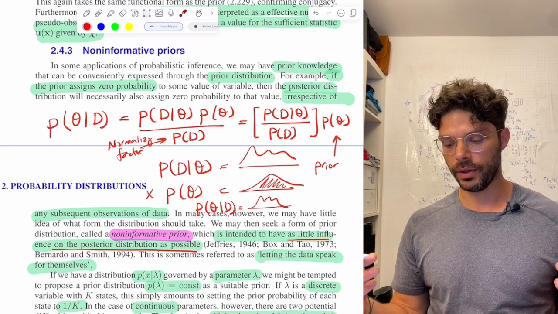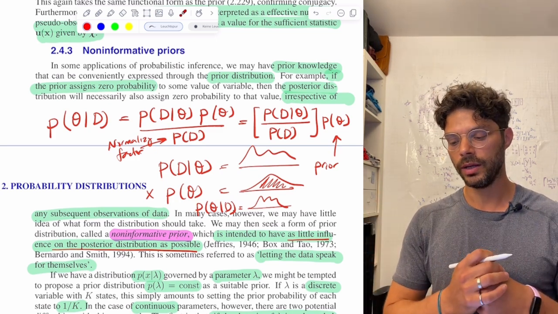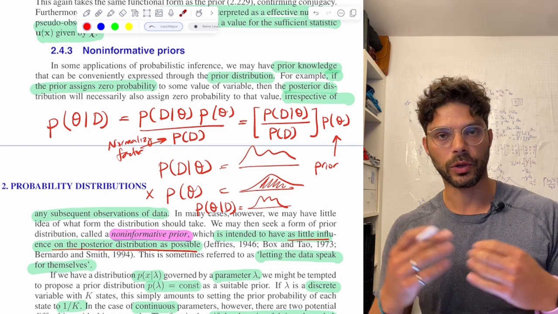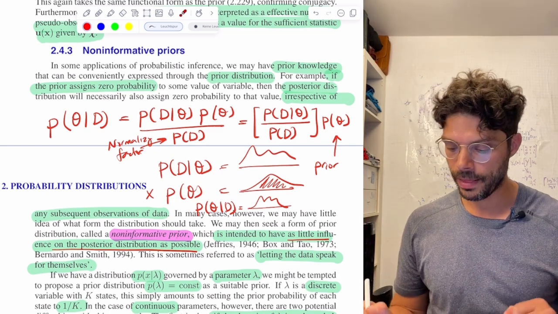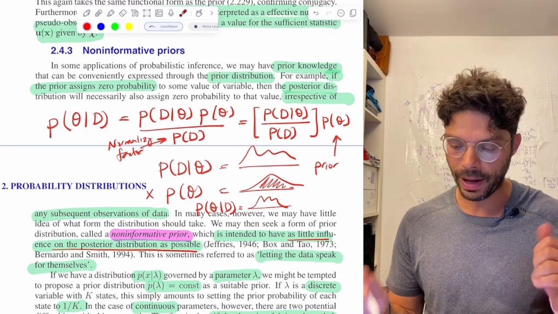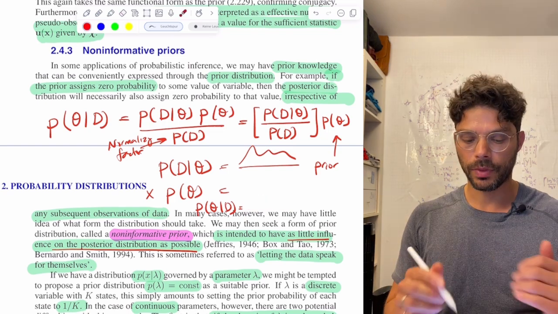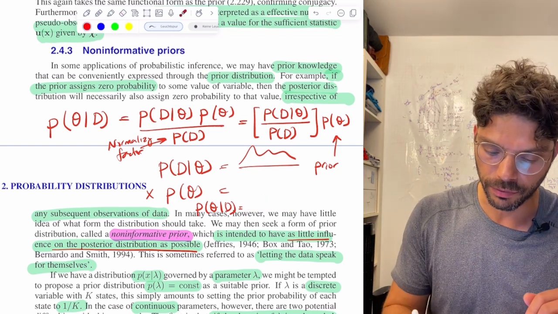So what we're looking for now in this section is going to be non-informative priors. So priors that are actually essentially going to leave the data alone. And that's going to mean somehow essentially having some kind of a flatness property for this prior.